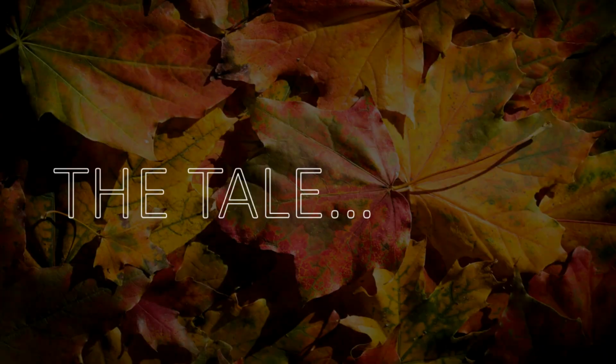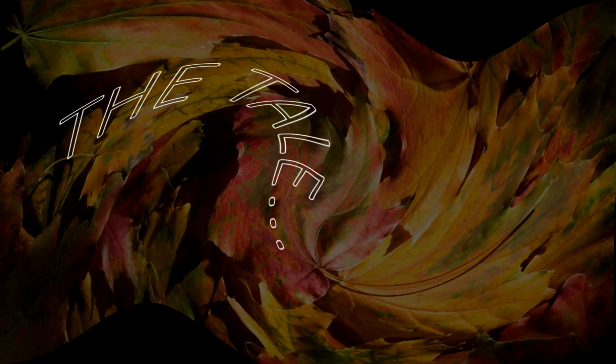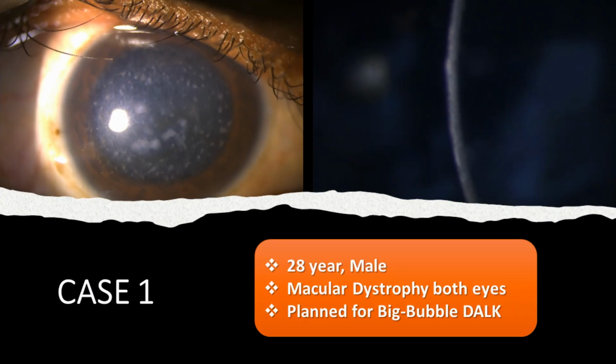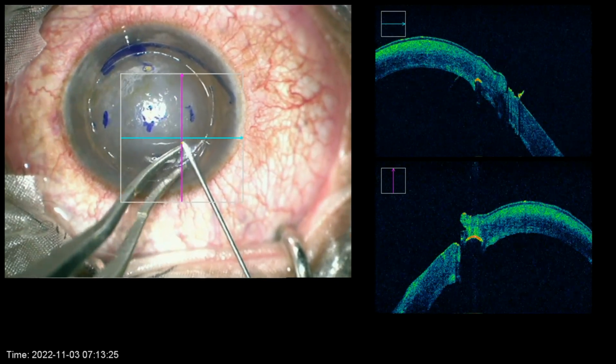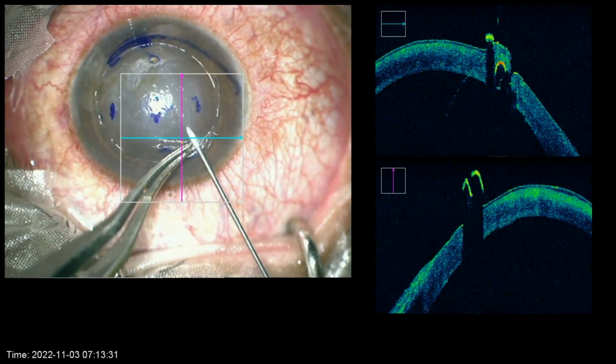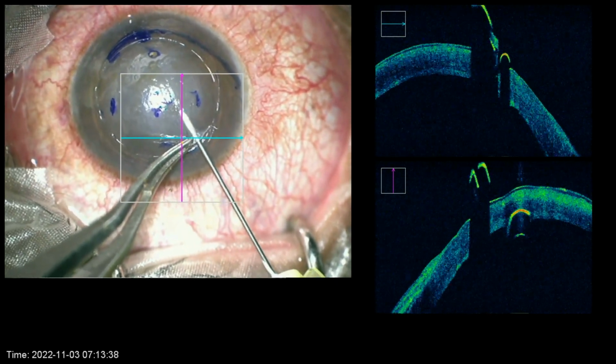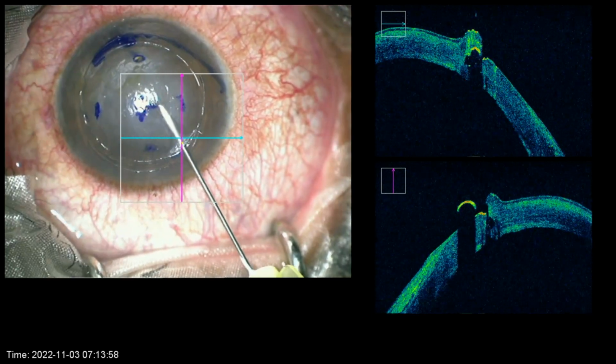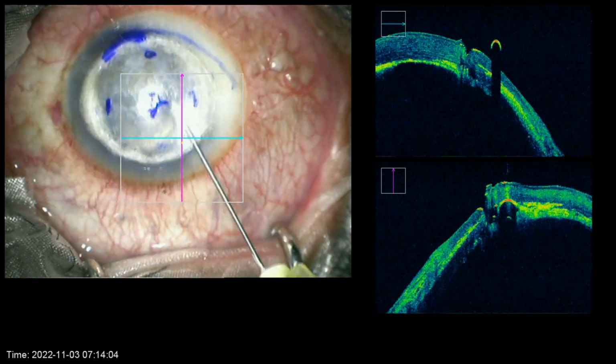The first case was a 28-year-old male who was planned for big bubble DALK for macular dystrophy in the right eye. Intraoperatively, successful formation of the big bubble was confirmed on iOCT.